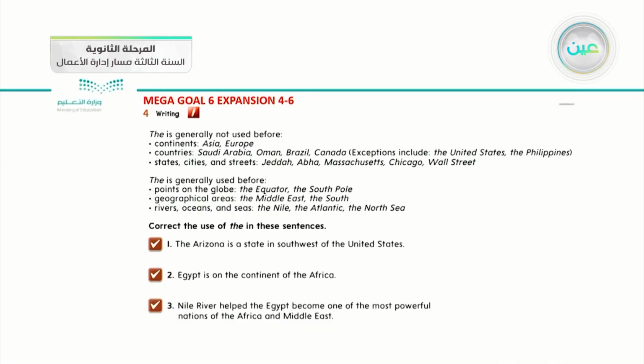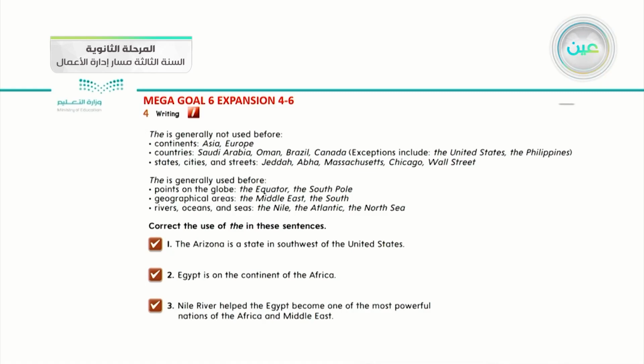Number 2, countries. Saudi Arabia, Oman, Brazil, Canada, but there are some exceptions. What do we mean by exceptions? These exceptions we can use "the" with, as in the United States, the Philippines, and so on.